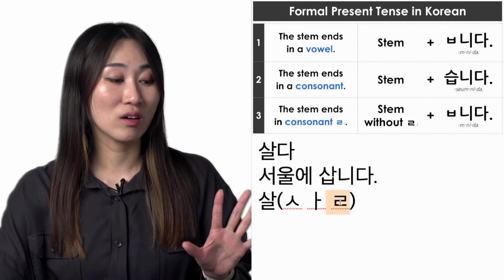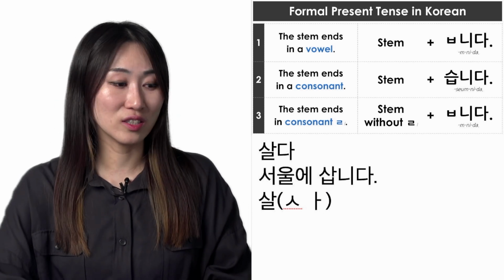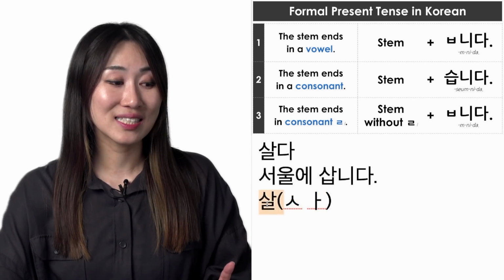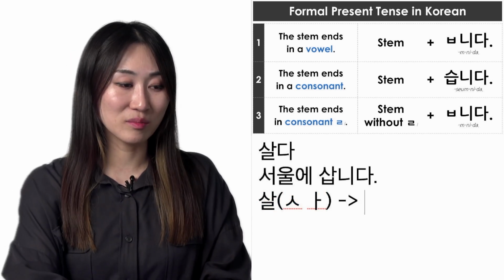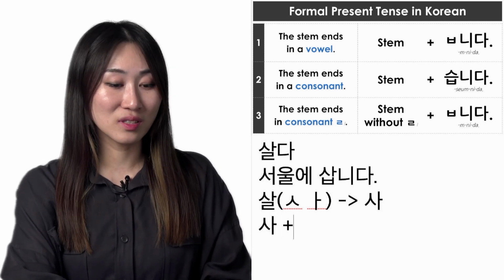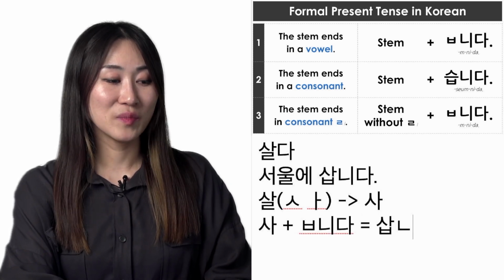So if the stem ends with the consonant 리을, just remove 리을. Then it's only 사, right? 살 becomes 사. So 사 becomes 삽니다.